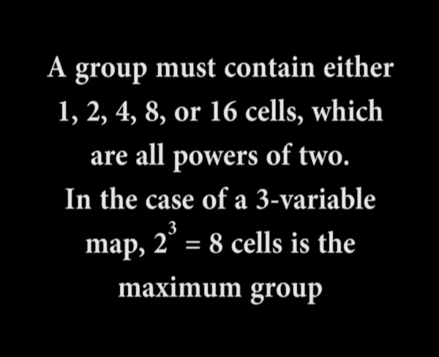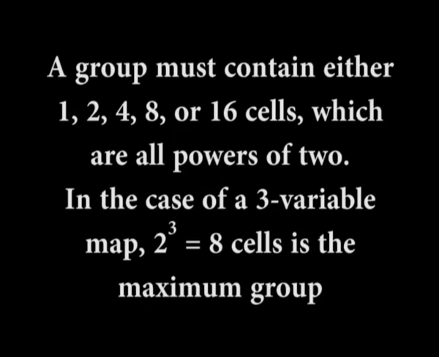You can group ones on the Karnaugh map according to the following rules by enclosing those adjacent cells containing ones. The goal is to maximize the size of the groups and to minimize the number of groups. A group must contain either 1, 2, 4, 8 or 16 cells, which are all powers of 2.